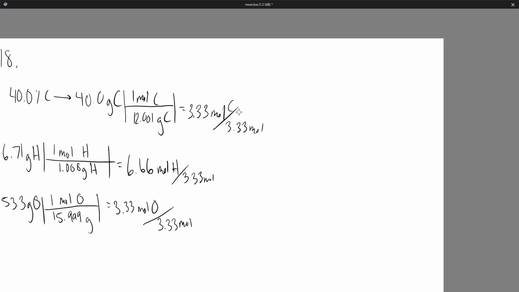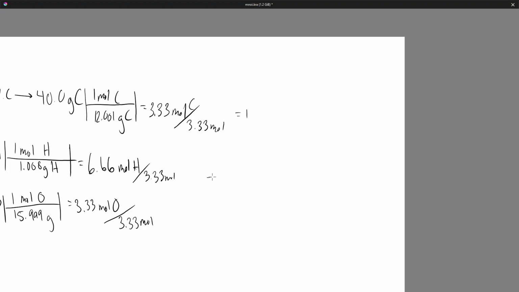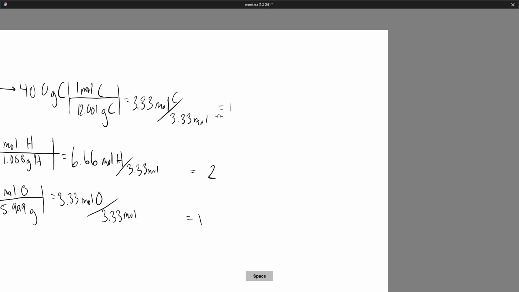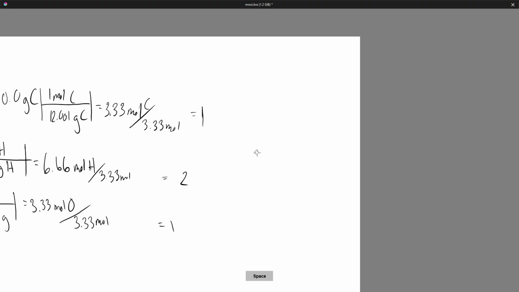No, sorry, flip carbon here. But yeah, so you just get 1, 2, and 1. So these numbers are going to be your subscripts for each atom or element in the molecule. So the empirical formula is going to be CH2O.